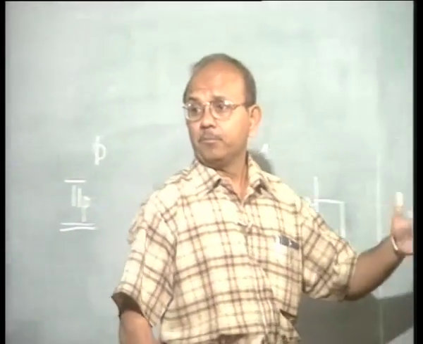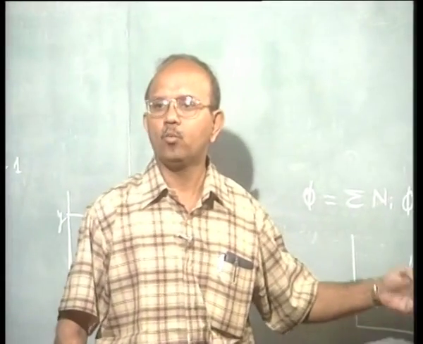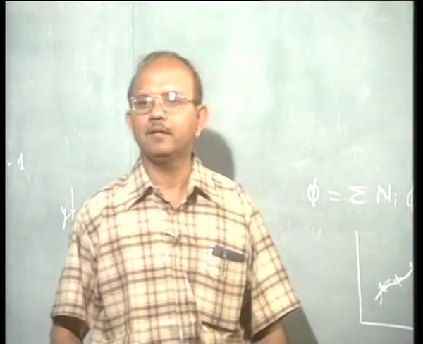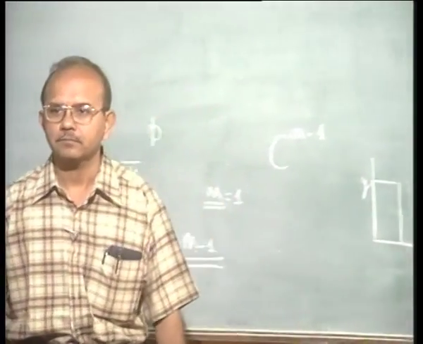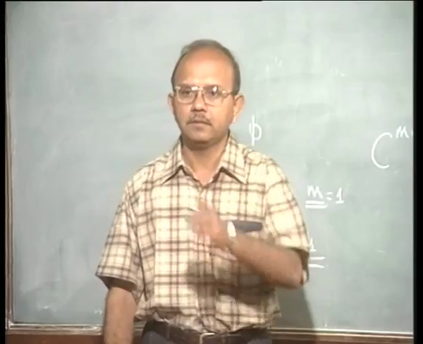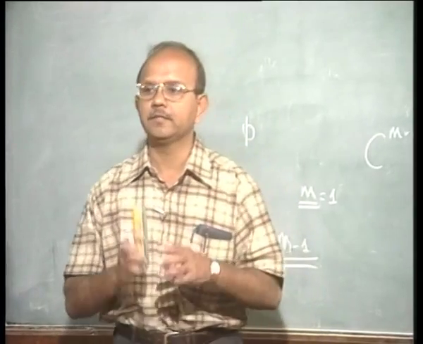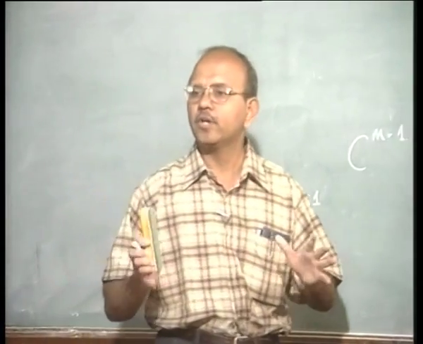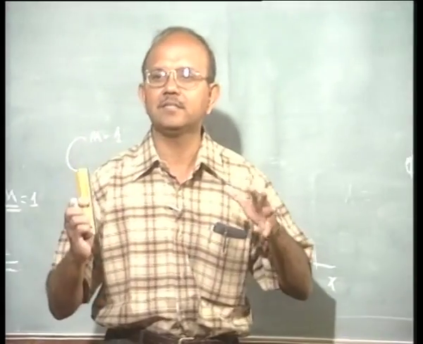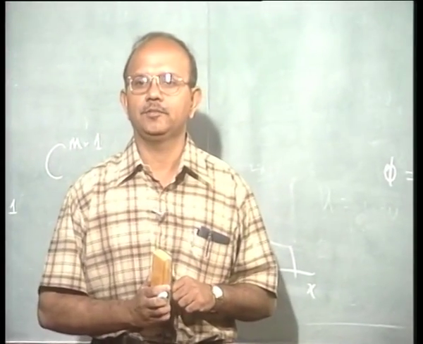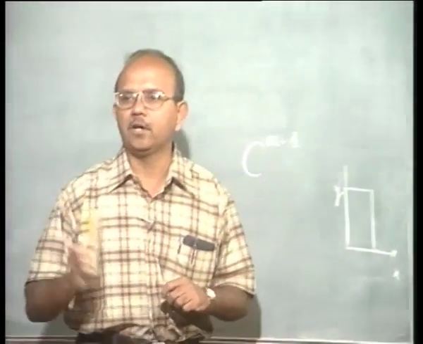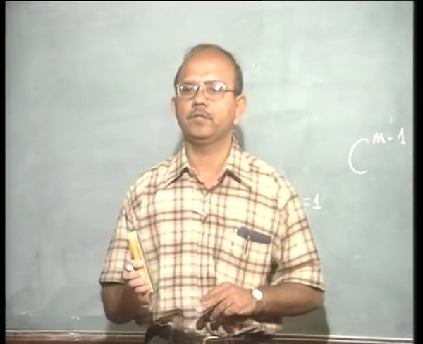But right now I am looking at only a C0 type of element, and hence I am only looking at Lagrange interpolation. Now, how do I write down Lagrange interpolation?